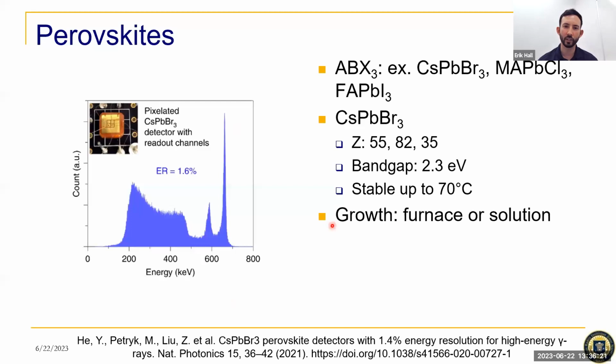And then another factor is the growth of this material. Thallium bromide can be made cheaper than CZT, but perovskite can be made in a furnace, like a vertical Bridgman furnace, or it can also be solution grown, because it's liquid soluble.